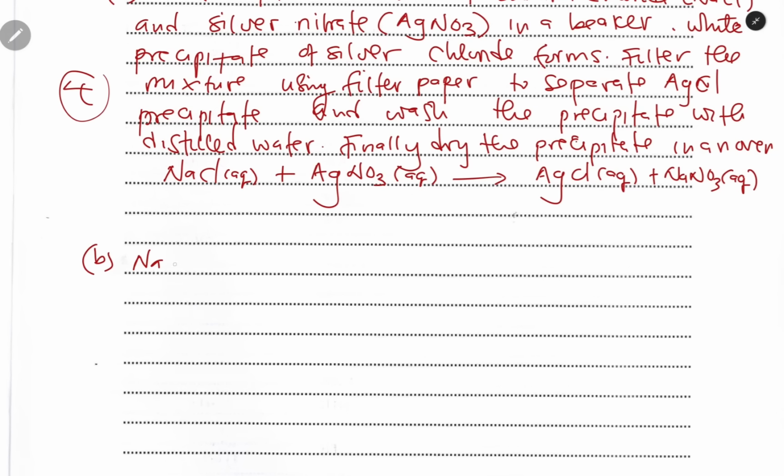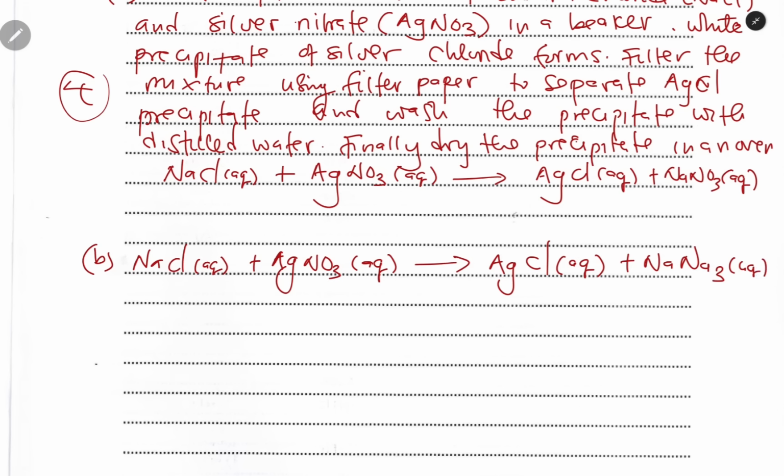So this is balanced: sodium chloride, aqueous, plus silver nitrate, aqueous, resulting in silver chloride plus sodium nitrate, aqueous.